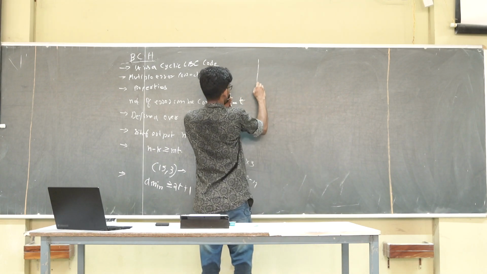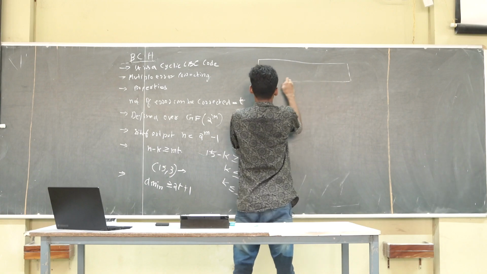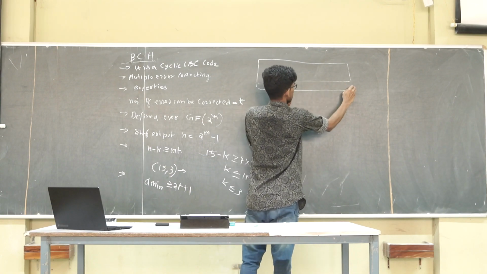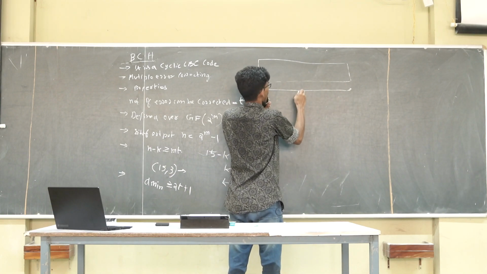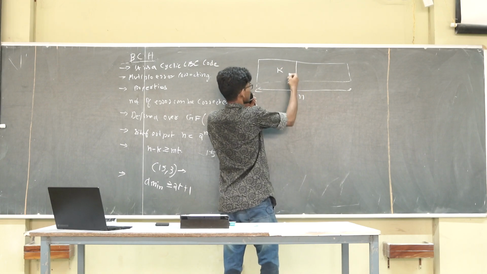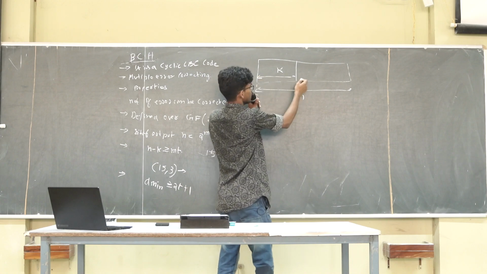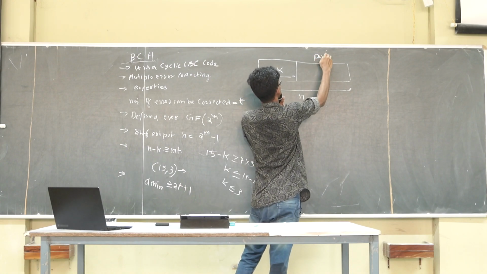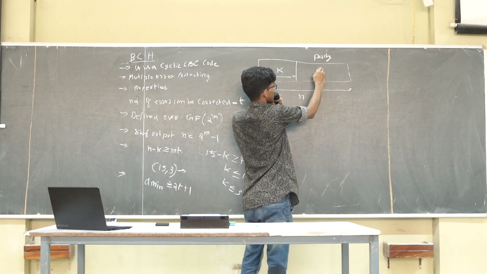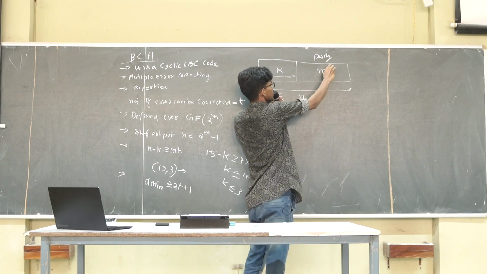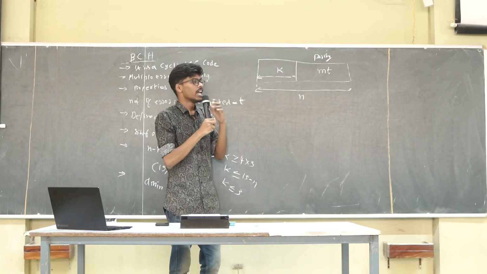So you can see that if I draw a diagram like this, n is fixed and k is variable, so this can be extended. This is the parity bits. How many parity bits are there? M times t. You understand?